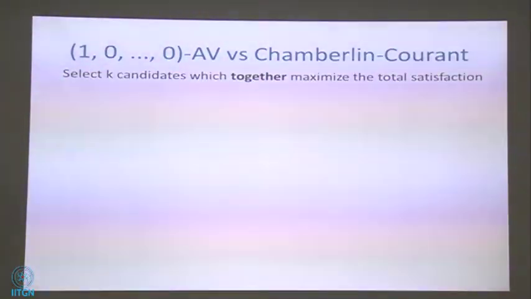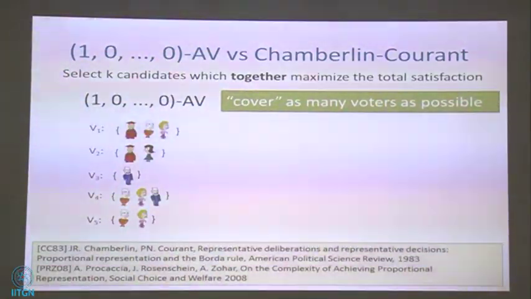Let me talk a little more about the comparison between this 1-0-0-0 approval voting and Chamberlin-Courant, to illustrate. I'm now going back to Piotr's slides. 1-0-0-0 approval voting is the maximum coverage rule. We evaluate the committee according to how many voters it covers.